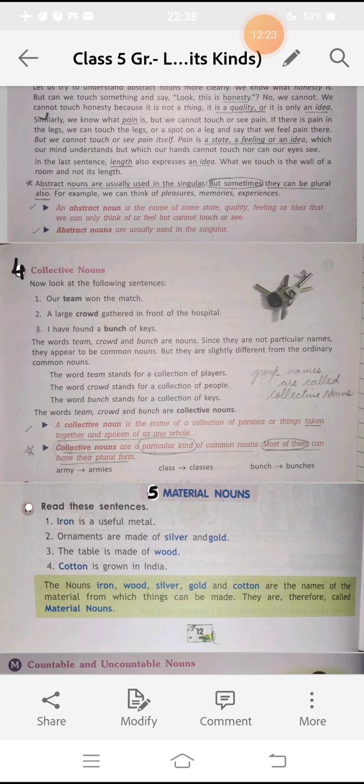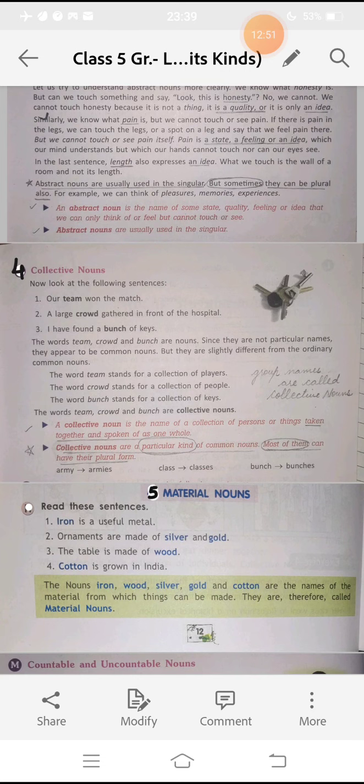The nouns iron, wood, silver, gold, cotton, which are mentioned in the above four examples, are the names of the material from which things can be made. So these are the things from which we can make other things also, and that is how they are known as material nouns.